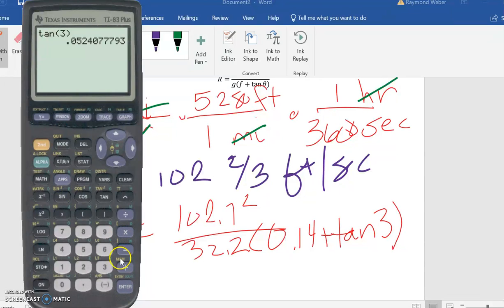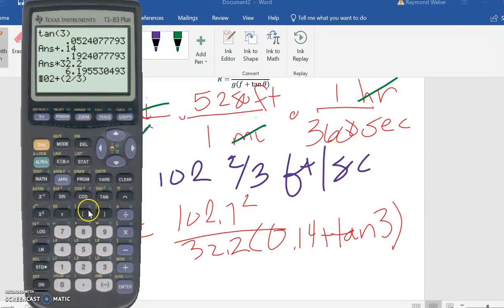And then I'm going to add 0.14 times 32.2. So that's my denominator. Now in my top, I have 102 plus 2/3. That was my decimal, because again, I'm trying to be as precise as possible.